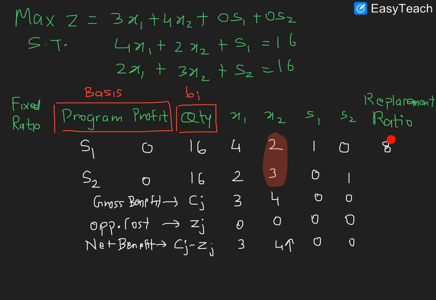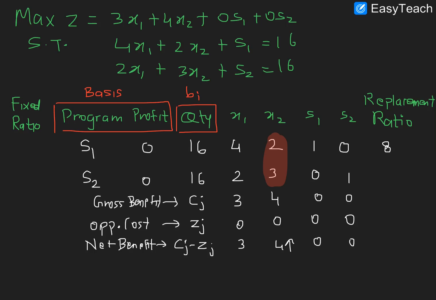That will be given to us by this replacement ratio. For that you need to see the quantity of raw material available and the sacrifice ratio. So 16 units are available and 2 kgs need to be used of S1, so the maximum I can produce is 8 if I want to consume the raw material fully.